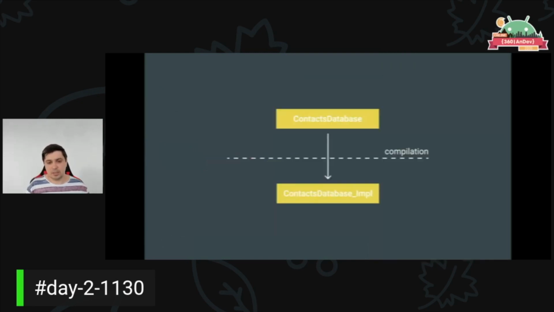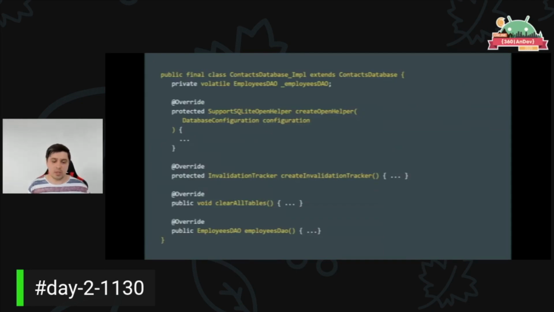The next and last part is the database. For the database, one more file with the underscore Impl postfix will also be generated. If we take a look at the implementation of this interface, it's based on the database which we created, and it has access to our data access objects.